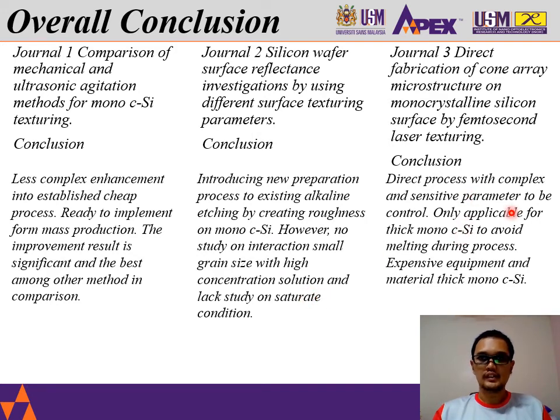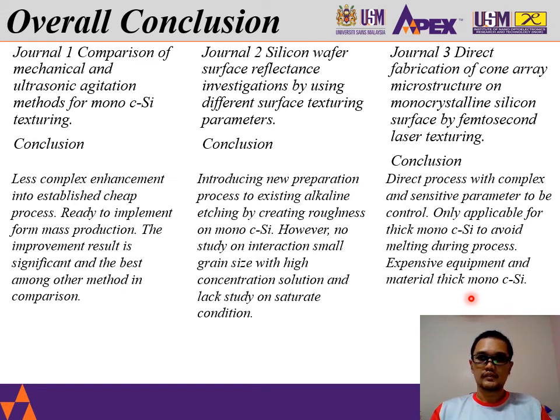In Journal 3, the conclusion that I can make is that it used a direct process, which means that it is exposed to laser ablations and creates a microstructure of cone area. However, this ablation lasing process is a sensitive and complex parameter that needs to be thoroughly controlled in order to form a uniform cone area microstructure.